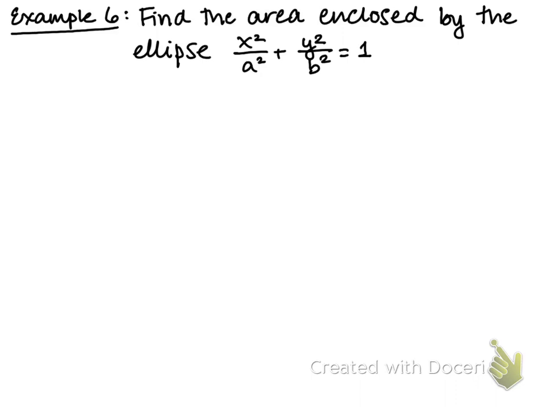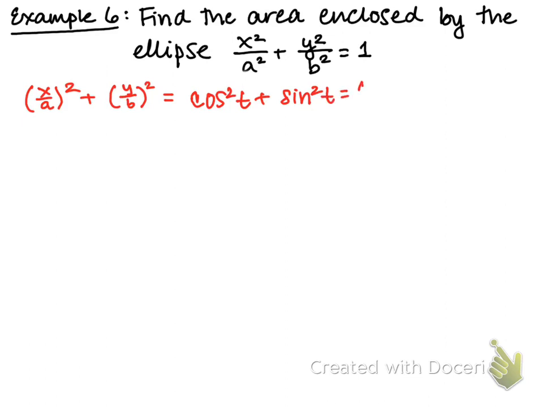Okay, so let's parameterize our curve. So this is x over a squared plus y over b squared. Well, we know that we're going to parameterize and make that cosine squared t plus sine squared t equals 1.